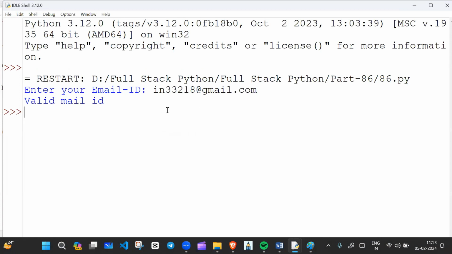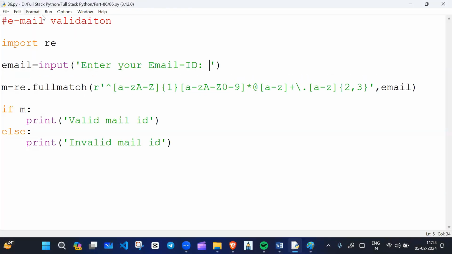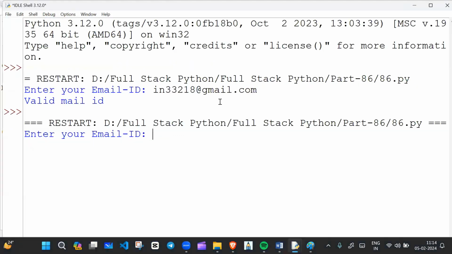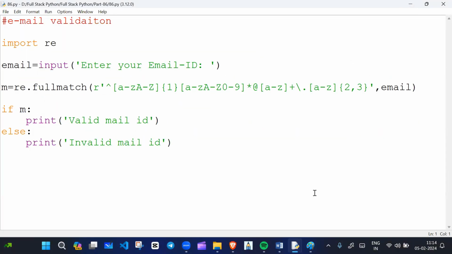If I run this code again, and this time I say 123my mail@gmail.com, this is invalid. Why? Because it is starting with 123, and it should start with a character. So this is how you can validate the email as well.